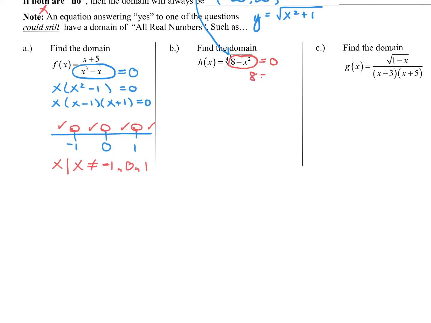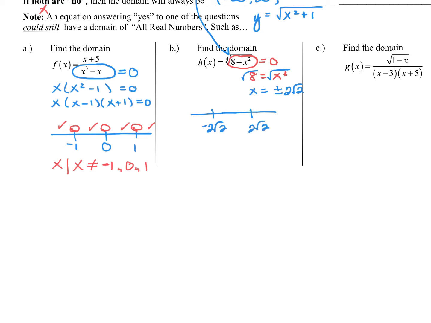And we'll have 8 equals x squared. We'll take the square root of each side. So we're going to get x equals plus or minus, don't lose that plus or minus, 2 radical 2. And we want to simplify that radical. Now, we're going to put those two numbers on our number line, a -2 radical 2, a positive 2 radical 2.